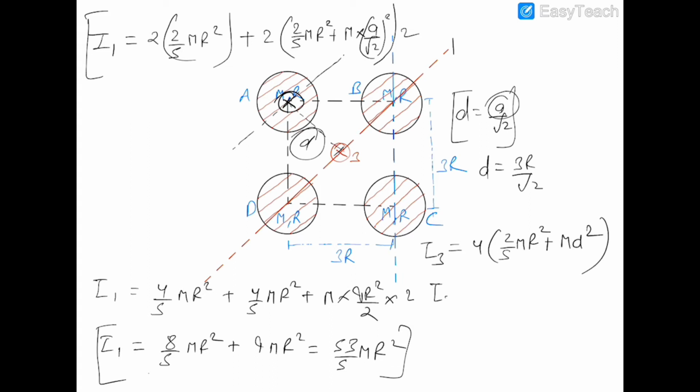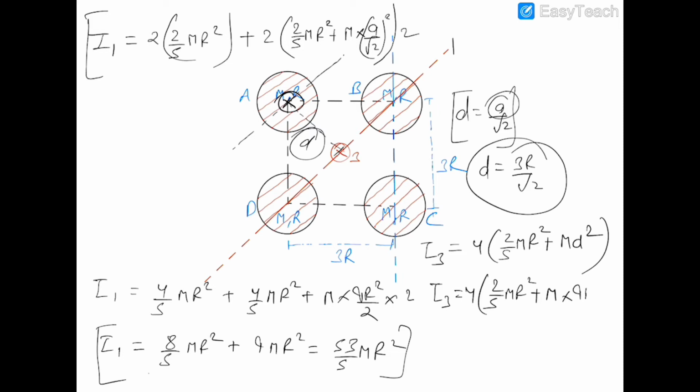So I3 would be 4 times of 2 by 5 mr square plus m into d square, where d is a by root 2. So this is a square by 2, and a is the side of the square, therefore the side of the square is 3r. So this distance d is equal to 3r by root 2.